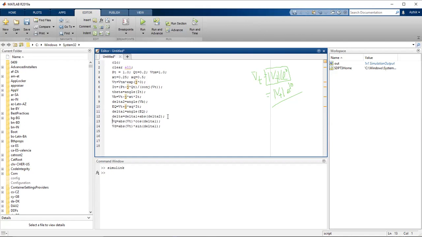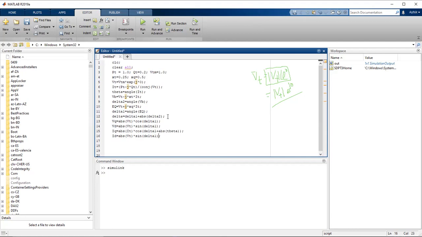Now we check with IQ and ID. So let's make it IQ, let's make it ID. What is the angle? It should be phasor IT, then cosine. What is the angle? It is delta 1 plus absolute of theta, I think.